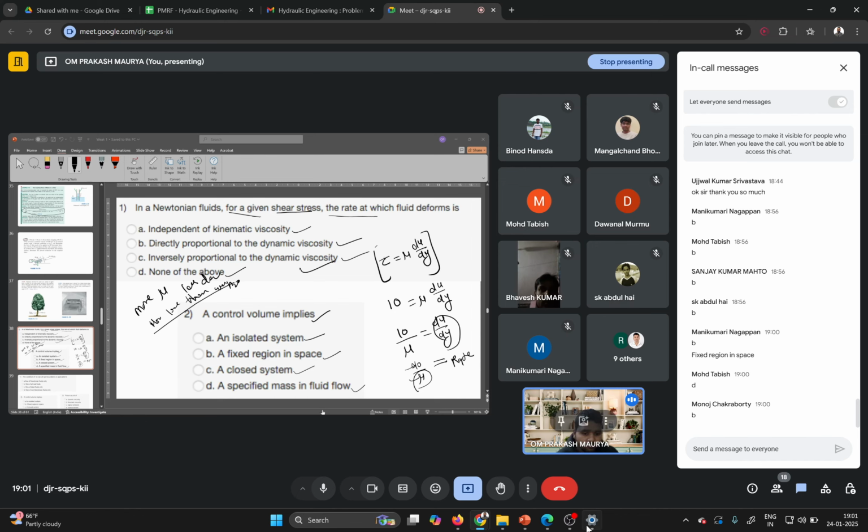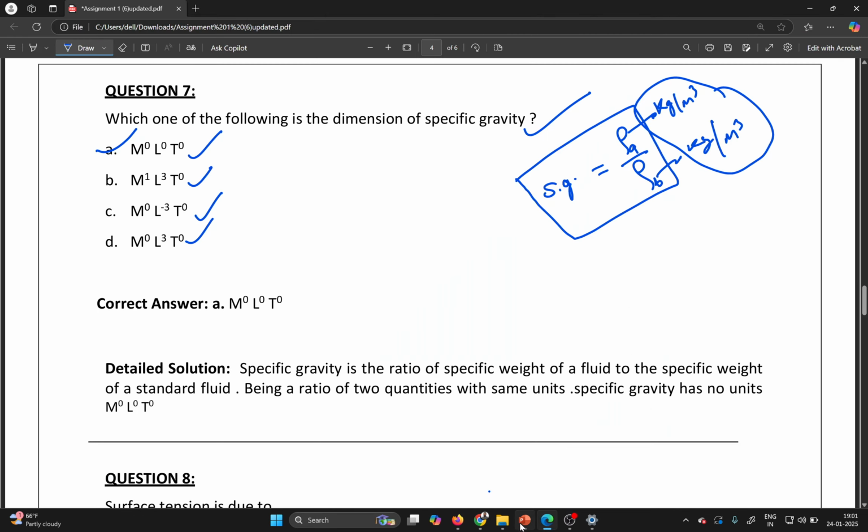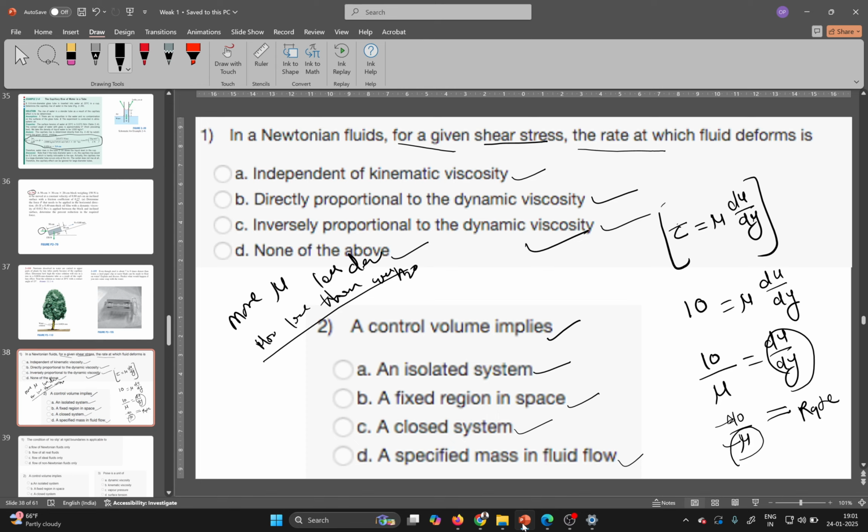For control volume and system, we have two approaches for analysis of fluid: the control volume approach and the system approach. A system is a specified mass in fluid, and the definition of a control volume is a fixed region in space.